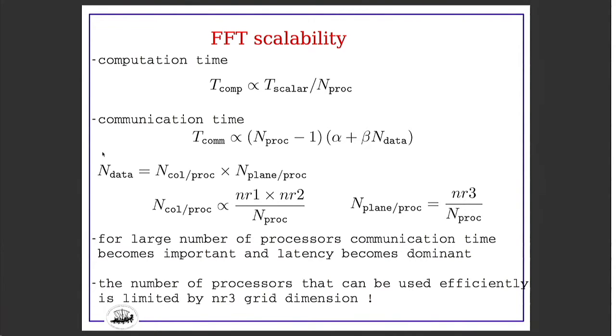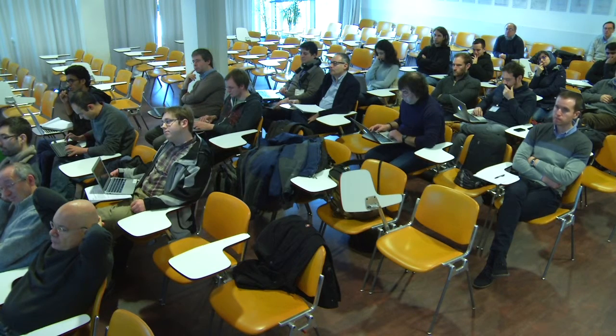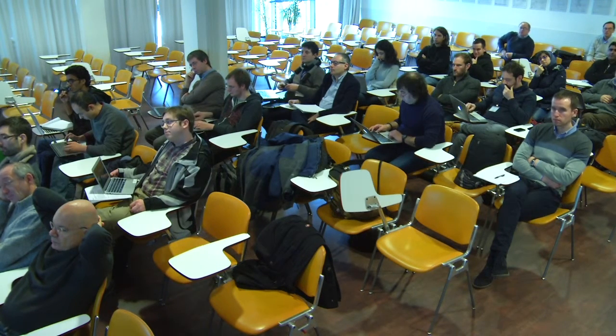When we do the all-to-all communication, each processor has to communicate to all the others, something that has a latency and some bandwidth. So if you write down how it goes, the communication time grows with the number of processors.